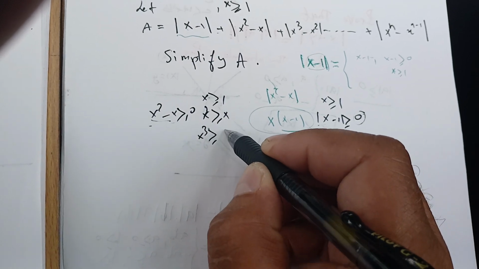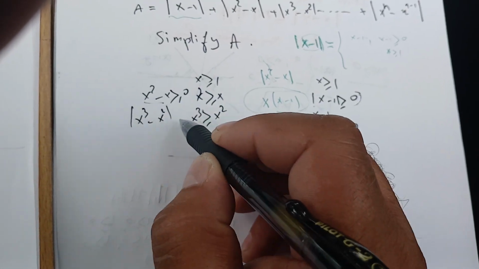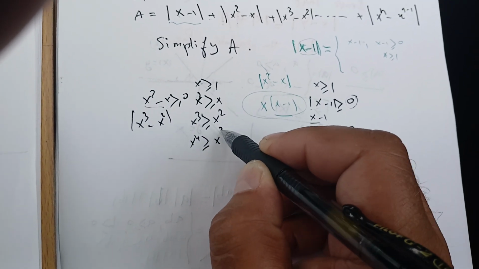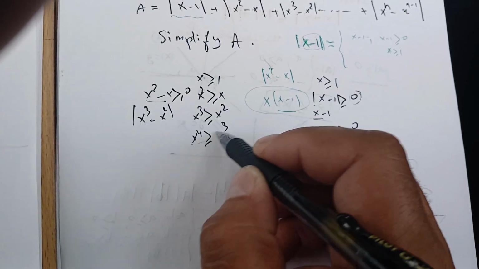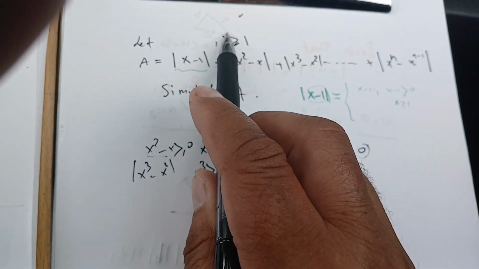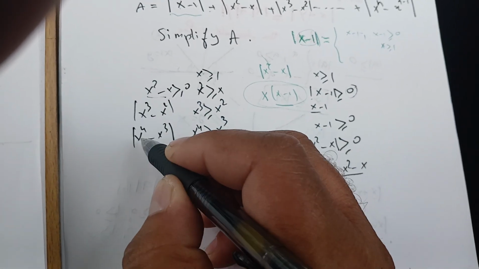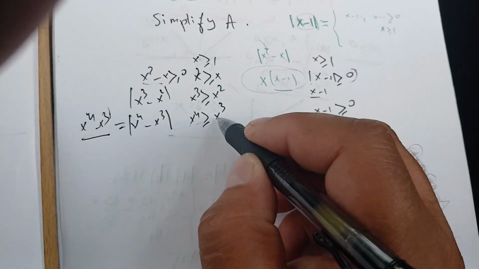x cubed is bigger than x squared. That means the absolute value of x cubed minus x squared is the same. And x to the power 4 is bigger than x cubed. I'm multiplying by x every time because I'm given that x is bigger than 1. So x to the power 4 minus x cubed is just x to the power 4 minus x cubed because it's positive.